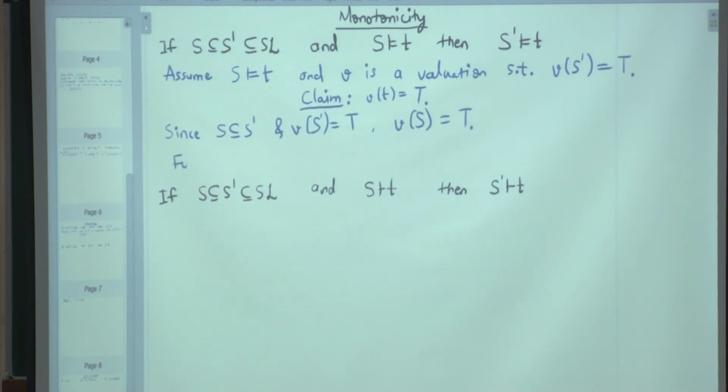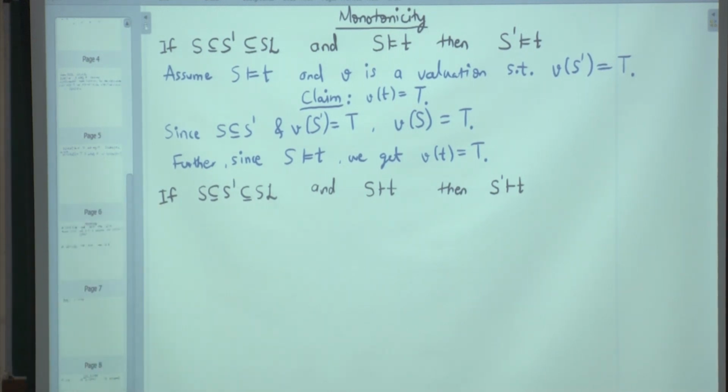Now further, since T is a logical consequence of S, we get V of little t is true. Done. So there is nothing to be done here. It's very simple.